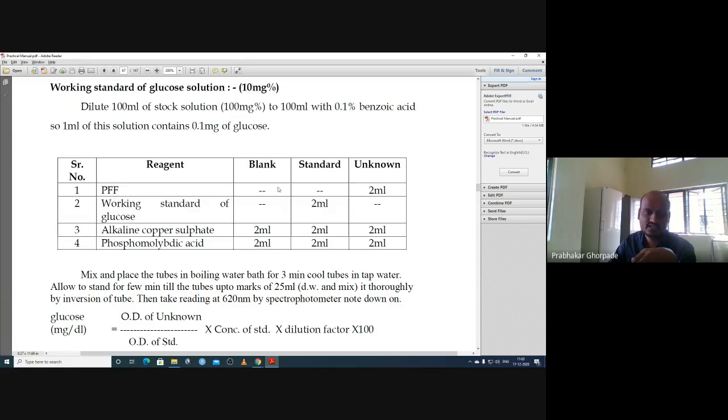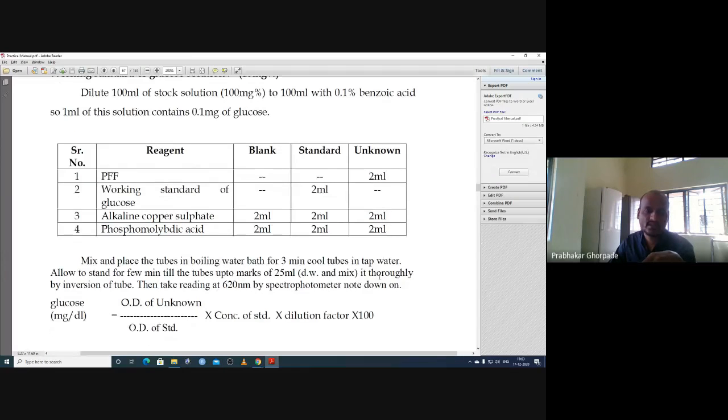For the standard, add 2 ml working standard, 2 ml alkaline copper sulfate solution, then 2 ml phosphomolybdic acid. To the unknown sample, we add 2 ml protein prefiltrate, which is prepared from our sample, because we want to determine the glucose from the sample. Then 2 ml alkaline copper sulfate solution and 2 ml phosphomolybdic acid.